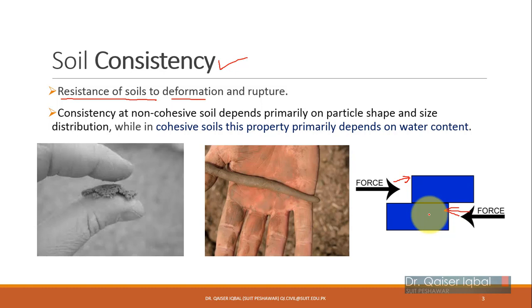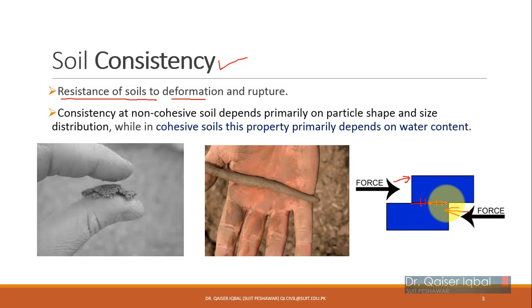In this case, you can see that there will be some resistance at this surface. Where there is a contact, there will be resistance, and if it is greater, it will take a lot of shear force to slide these two boxes across each other. But if the resistance over here is small, then it will probably take less force for you to slide these boxes past each other. So the resistance available at this surface is basically the shearing resistance.